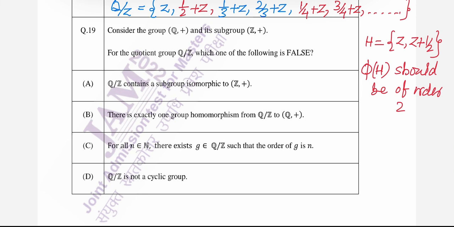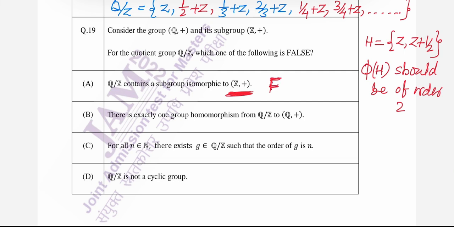And also this phi(H) should be a subgroup of Z+. So now I have to search for a subgroup in Z+ of order 2. If you go to search, you will never find a subgroup of order 2 in Z+. So our option A is false.